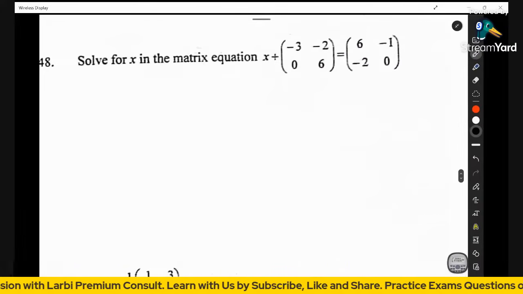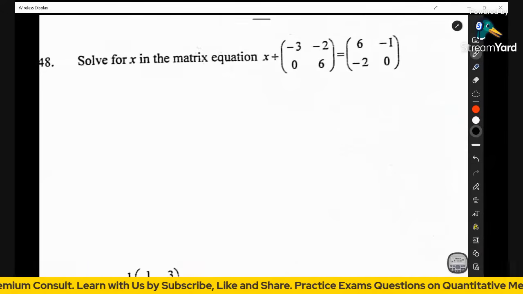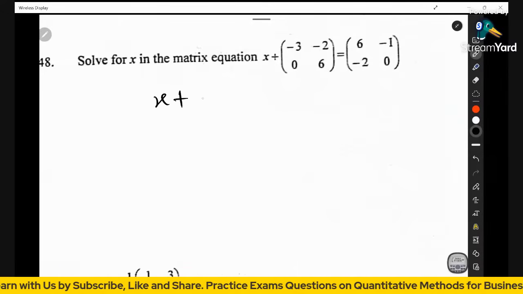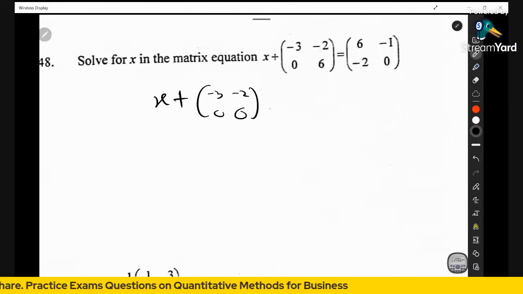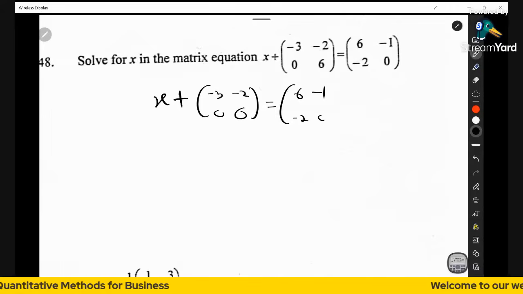Solve for x in the matrix. So we have what? x plus negative 3, negative 2, 0, 6 is equal to 6, negative 1, negative 2, 0.